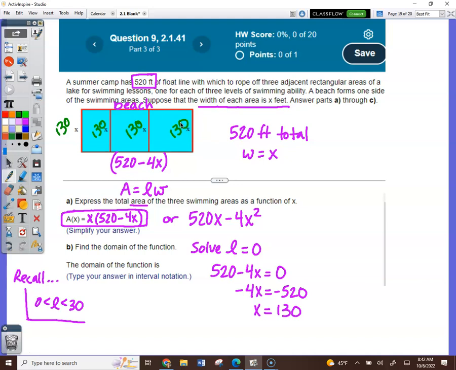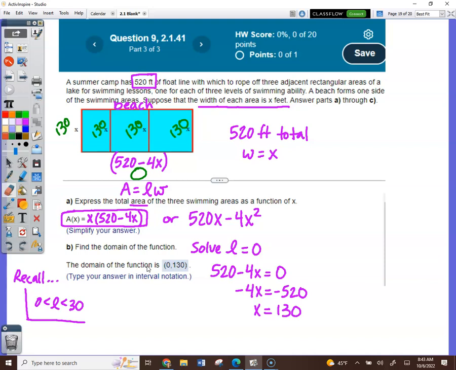How much has already been used? 520, right? Which would mean that the length would be 0, which is the same concept that we were saying here. You can't have a 0 length on one side, so we have to stay above that number that would make this a 0 length, which is exactly why the domain is from 0 to 130.